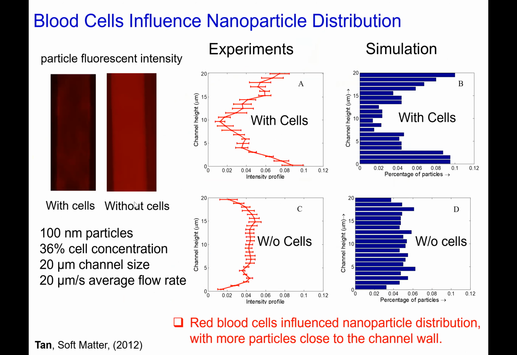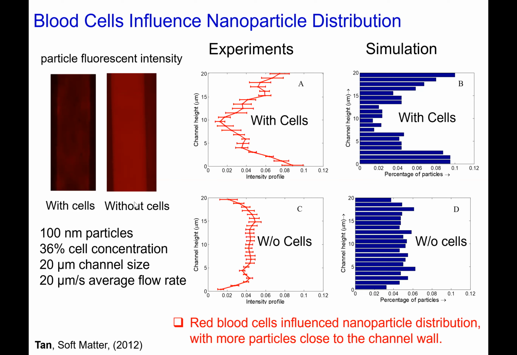And then we also compared our numerical simulation of the particle distribution in blood cell suspensions with the experiment data. As you can tell, when mixing red blood cells with 100 nanometer nanoparticles, we see more particles close to the edge of the channel. Compared to the case without red blood cells, the distribution is more or less uniform.